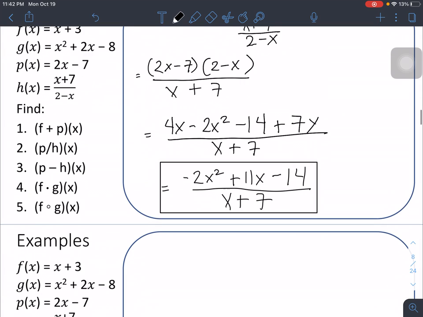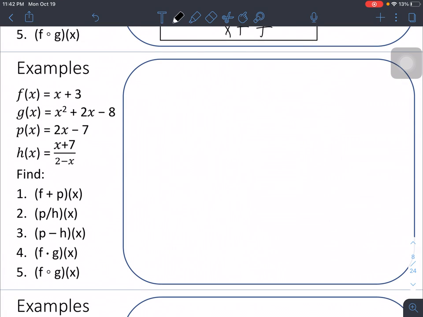Next one, let us try number 3, p minus h. We try to subtract the h function from the p function. So this will be 2x minus 7 minus the h function, which is x plus 7 over 2 minus x. We cannot simply subtract this because the two functions are dissimilar fractions.